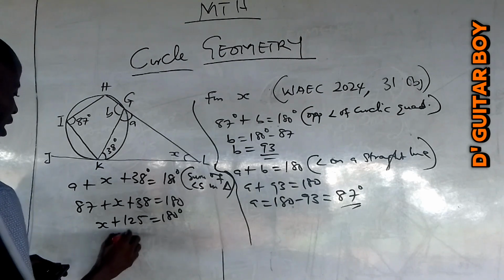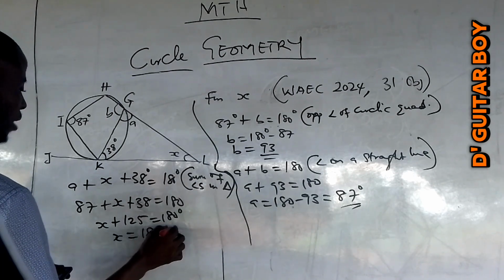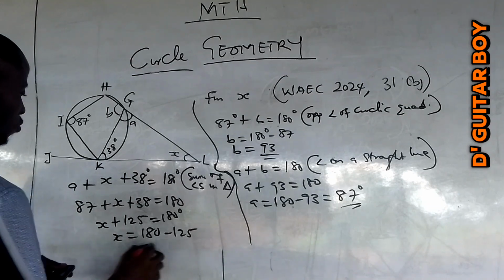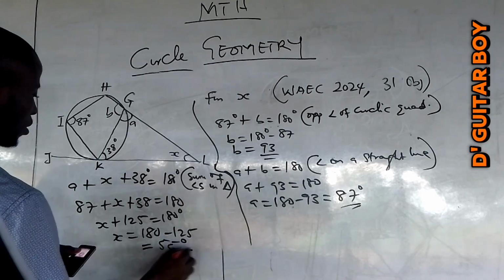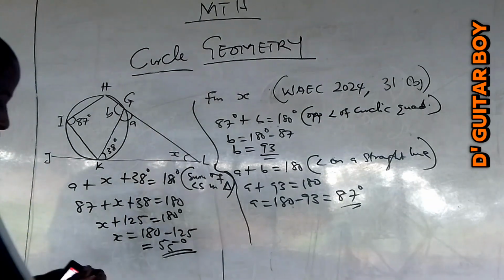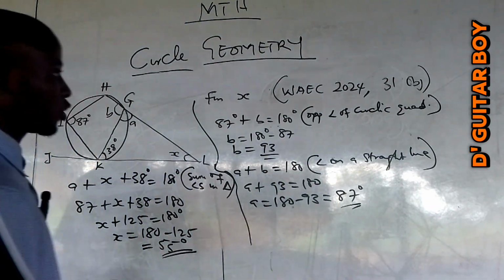So you cannot say S is equal to 180. You move this one to this side: S is equal to 180 minus 125, which is equal to 55 degrees. So that is the final answer to this question.